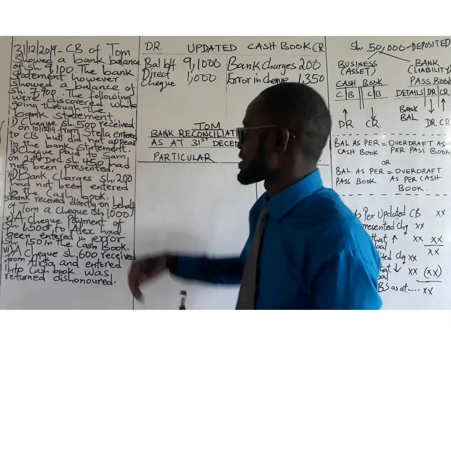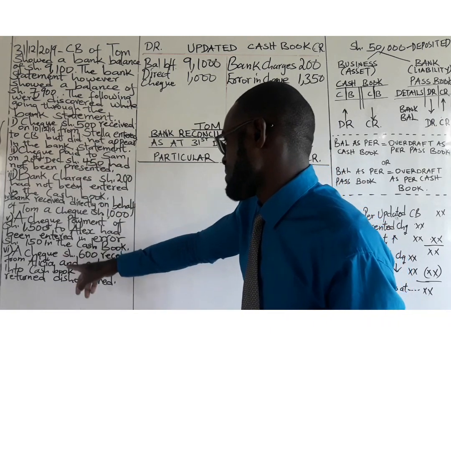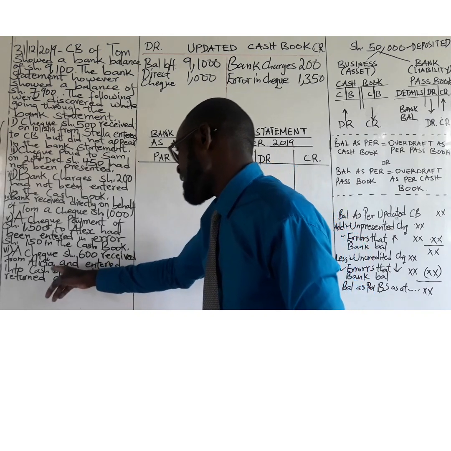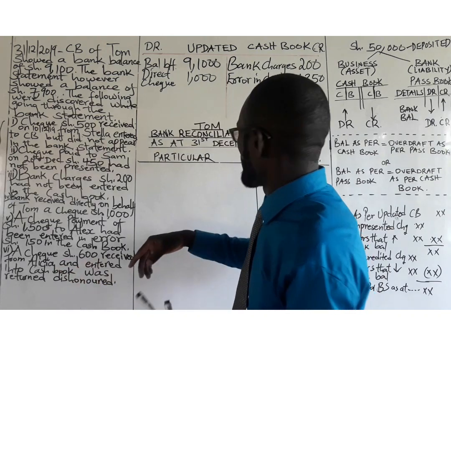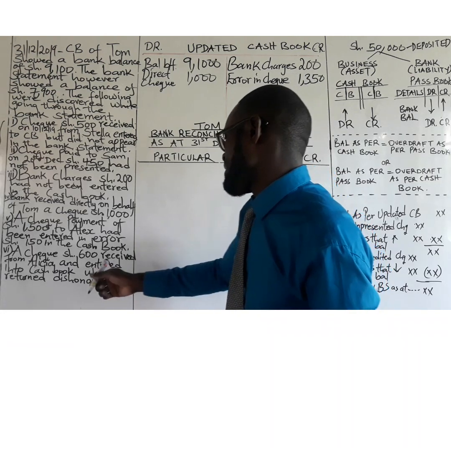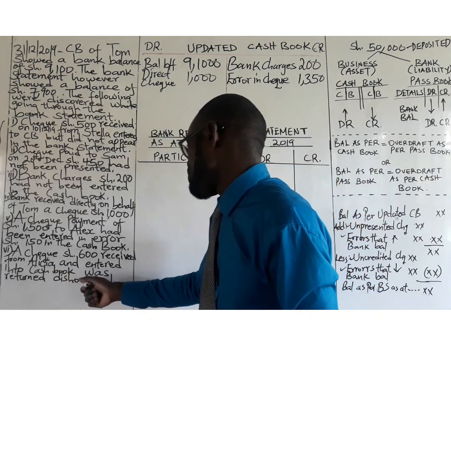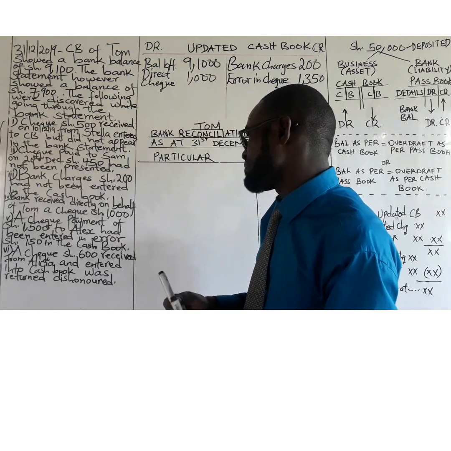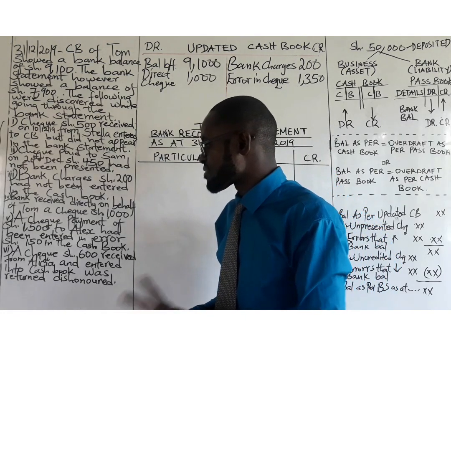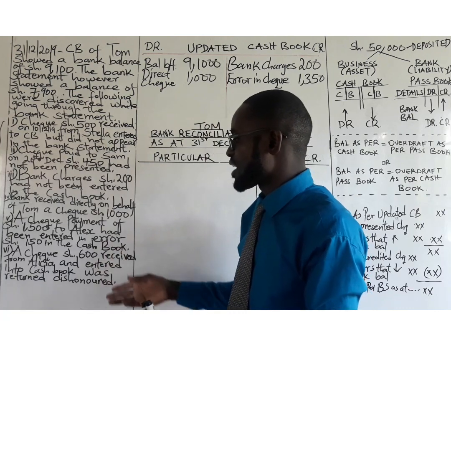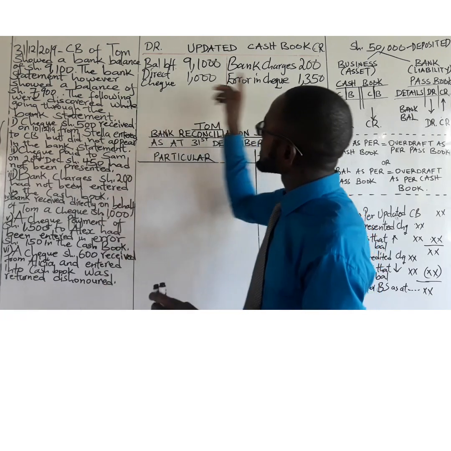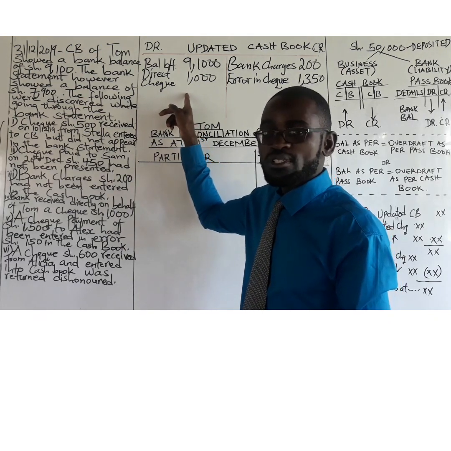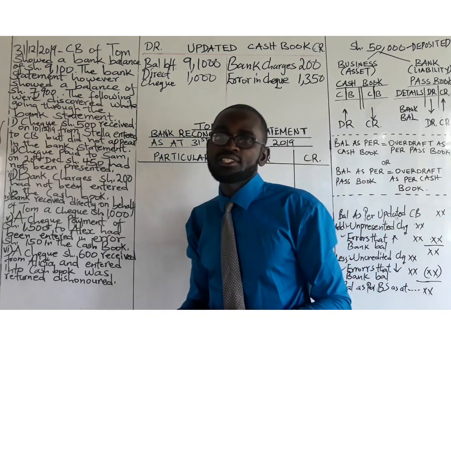Then we go to a check of 600 received from Alicia and entered into the cash book, which was returned dishonored. Now there's a check which has already been received. So it means that check, upon receiving, increased the cash book. It was debited, but later it was dishonored. We have so many reasons why a check could be dishonored.